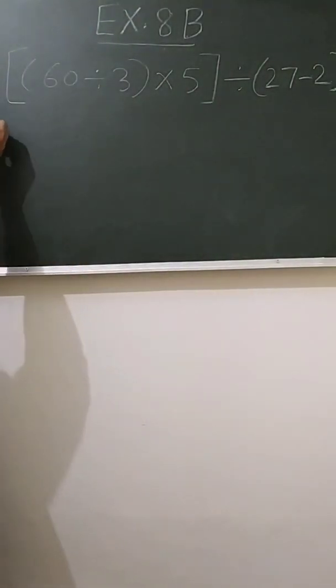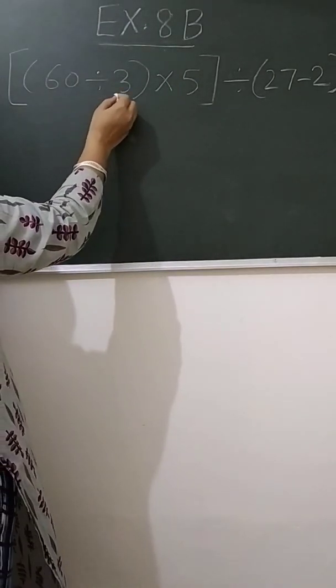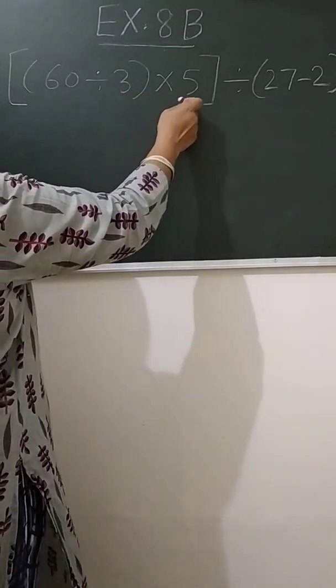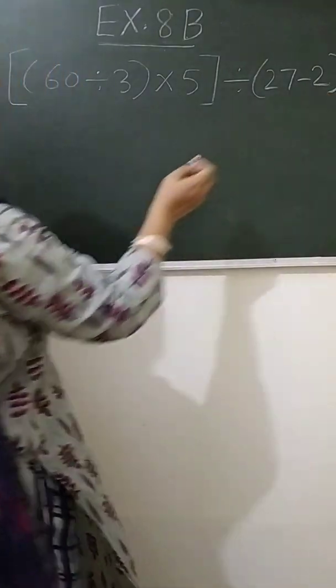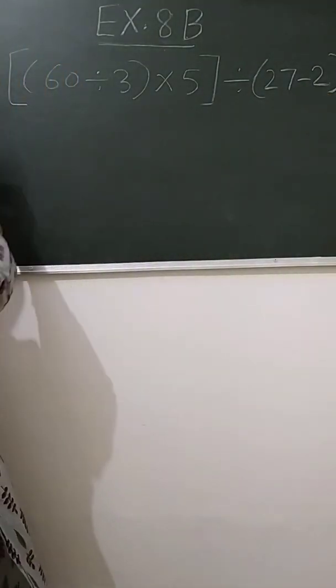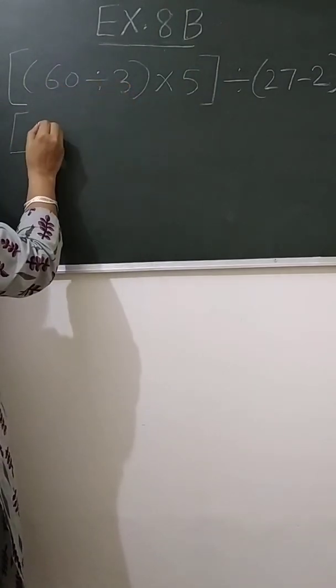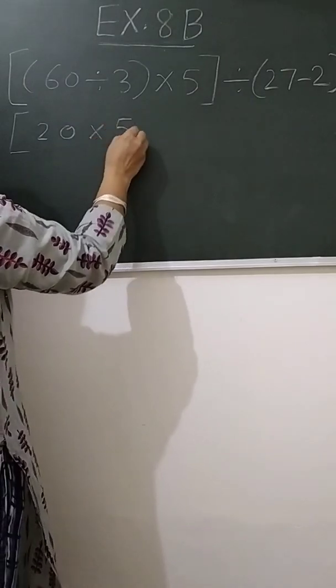So the next question is question 9. This is 60 divided by 3 inside bracket, multiply 5, divided by 27 minus 2. So first we will solve the inside bracket, that is 60 divided by 3 is equal to 20, multiply 5.